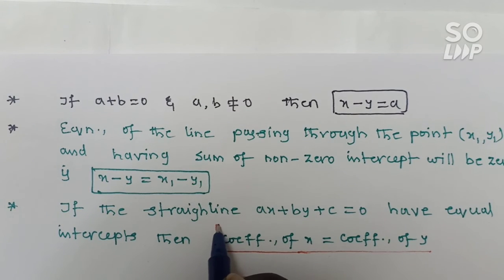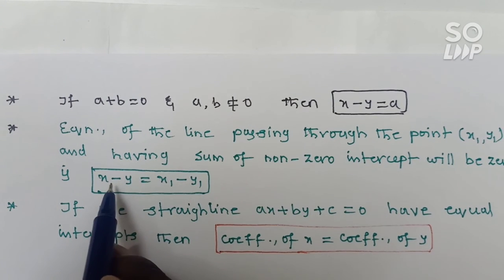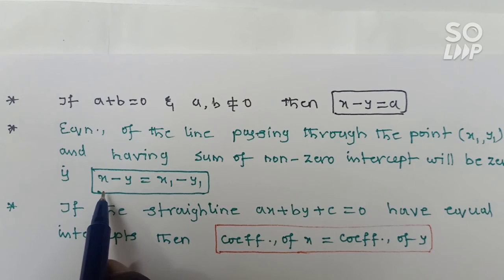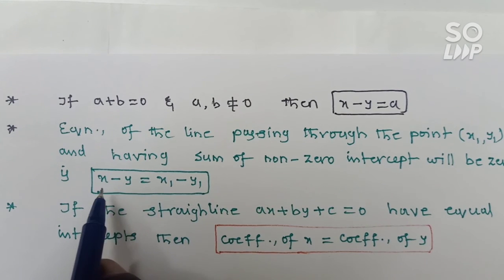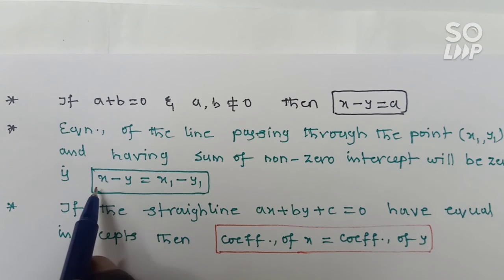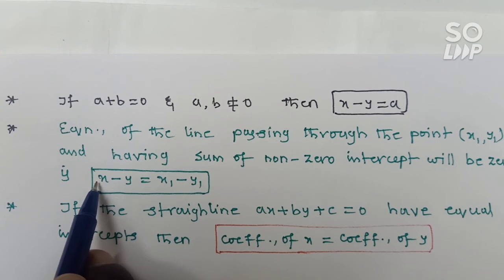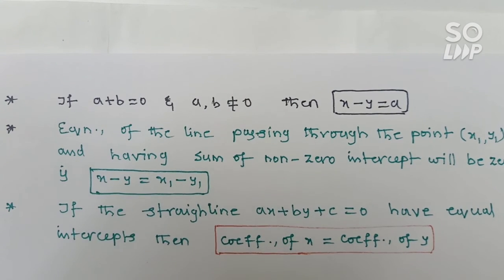Now similarly, from the above formula, if any line makes the sum of intercepts 0, then what is the condition? By observing this equation, the sum of the coefficient of x and the coefficient of y will also be equal to 0.